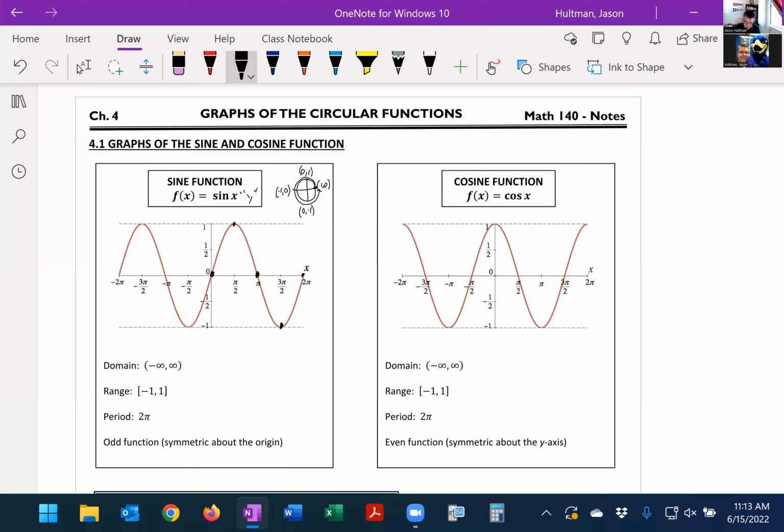It just keeps recycling over and over again. And if we were to go in the negative direction, it would cycle in the negative direction as well.